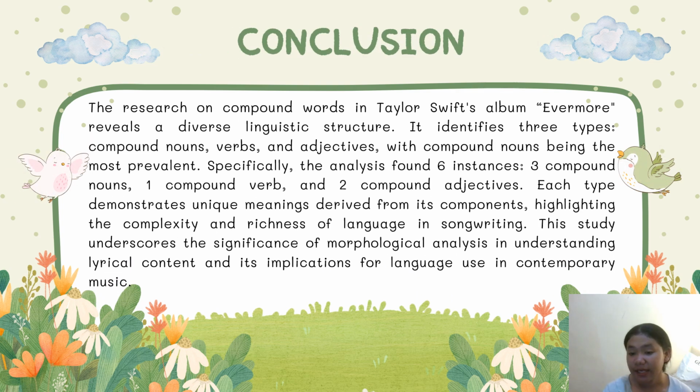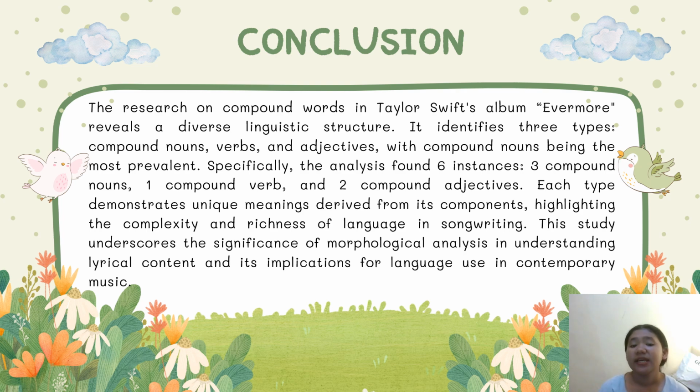And lastly, here we come to the conclusion. This research on compound words in Taylor Swift's album Evermore reveals a diverse linguistic structure. It identifies three types: compound nouns, verbs, and adjectives, with compound nouns being the most prevalent.